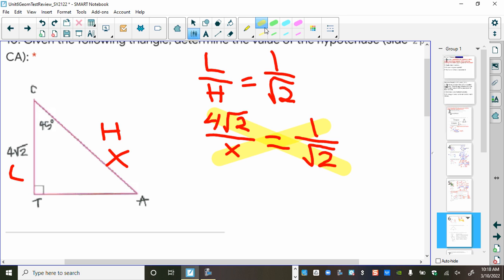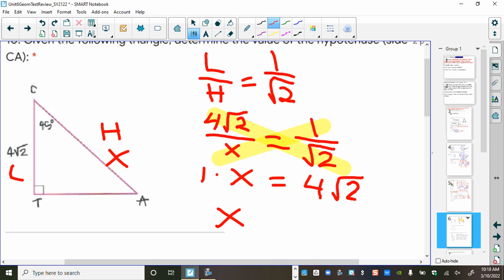There we go. So of course, 1 times X is just X. Now, what about this part? We have 4 square root of 2 times your other square root of 2.